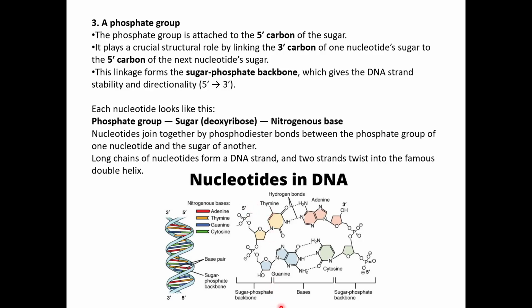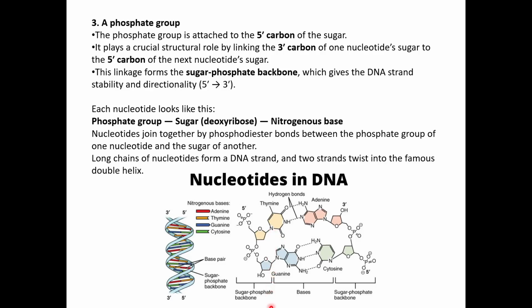So this is one single strand of DNA and this is the other single strand of DNA. So these two are complementary strands. So you can see you have a continuation like this of nucleotides attached together using phosphodiester bonds.